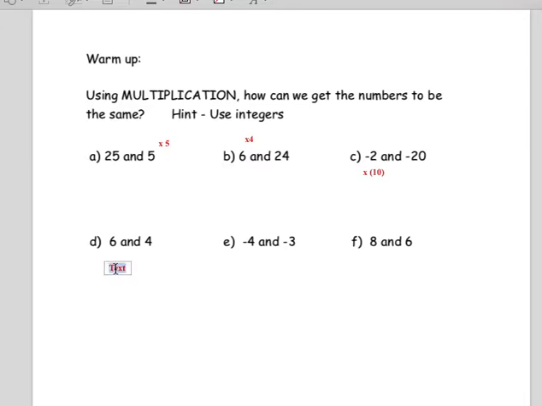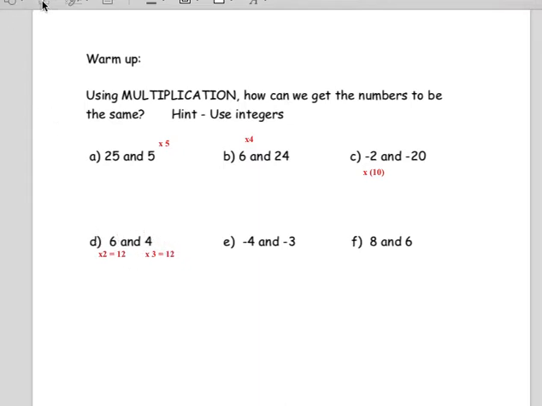We can also find that 6 times 2 is going to give us 12. And 4 times 3 is going to give us 12. Right? We're trying to get them equaling the same.